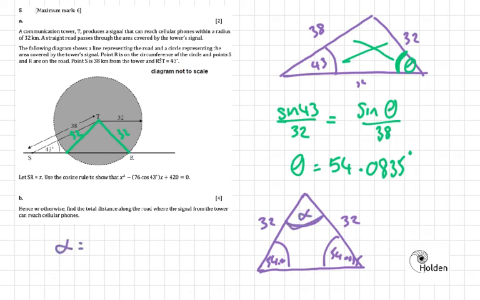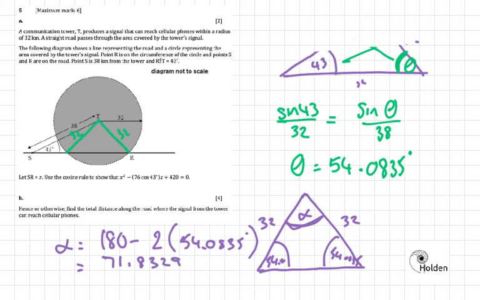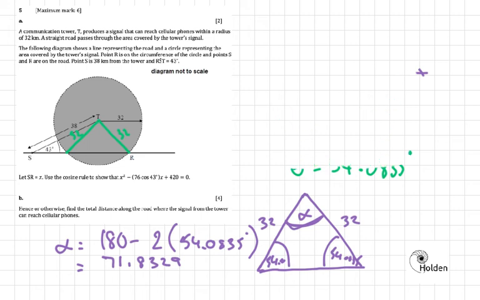So alpha is equal to 180 minus 2 times 54.0835 degrees. That should give us a value of 71.8329. I'm just going to get rid of this top triangle. I need the space, though I'll probably have to come back to that triangle.